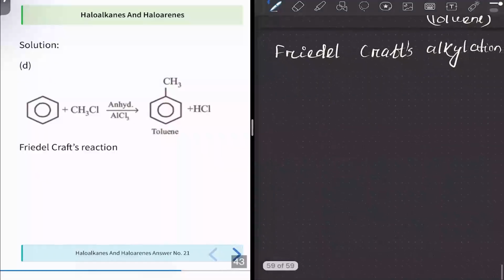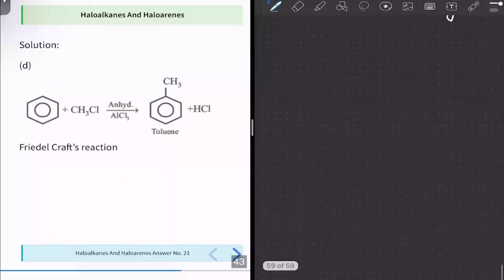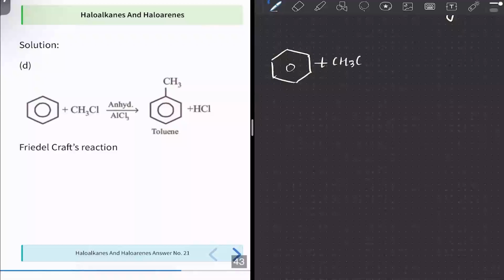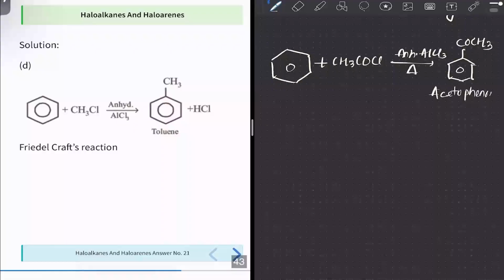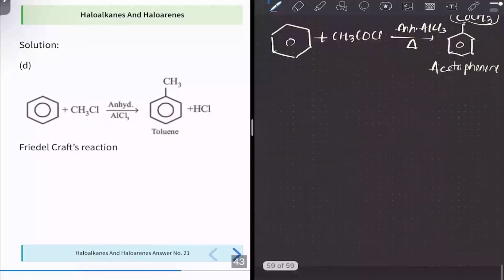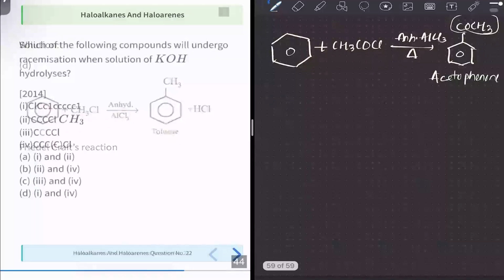Suppose this is benzene, with CH3COCl, anhydrous AlCl3 plus heat. This will form COCH3, that is acetophenone. This is acylation because the COCH3 group is attached. So let's move on to the next question.